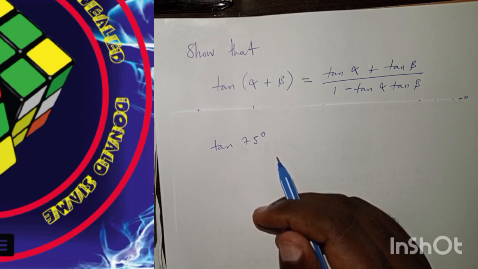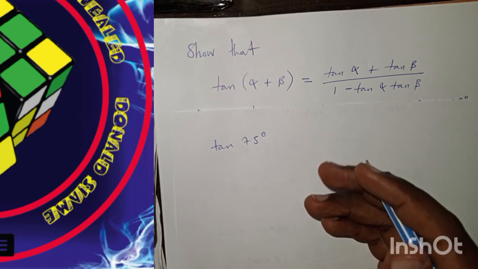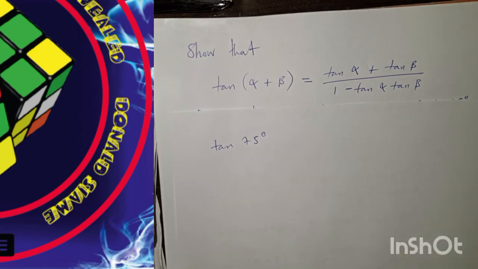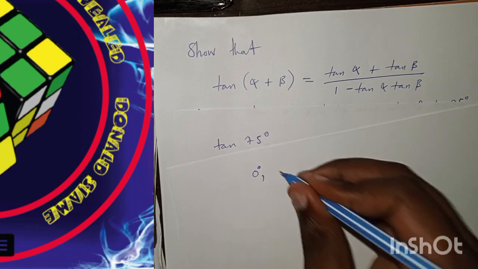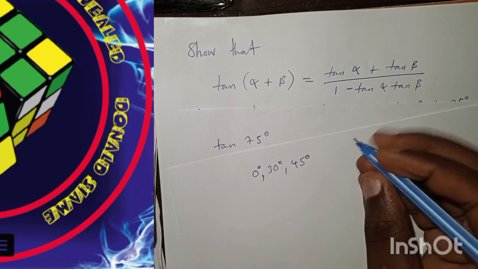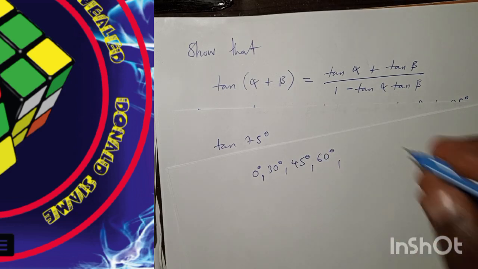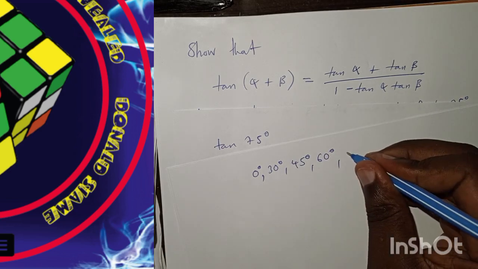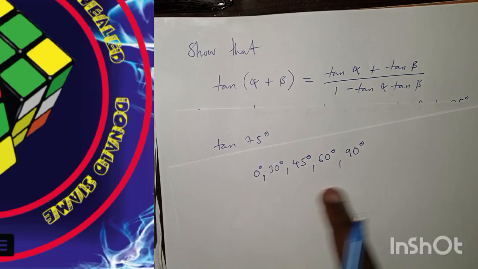So we need to have special angles that are going to give us 75 degrees. So the special angles are, if you have forgotten, we have 0 degrees. Okay, 0 is a special angle. We have 0, we have 30 degrees, we have 45 degrees, we have 60 degrees, we have 90 degrees. So these are special angles.